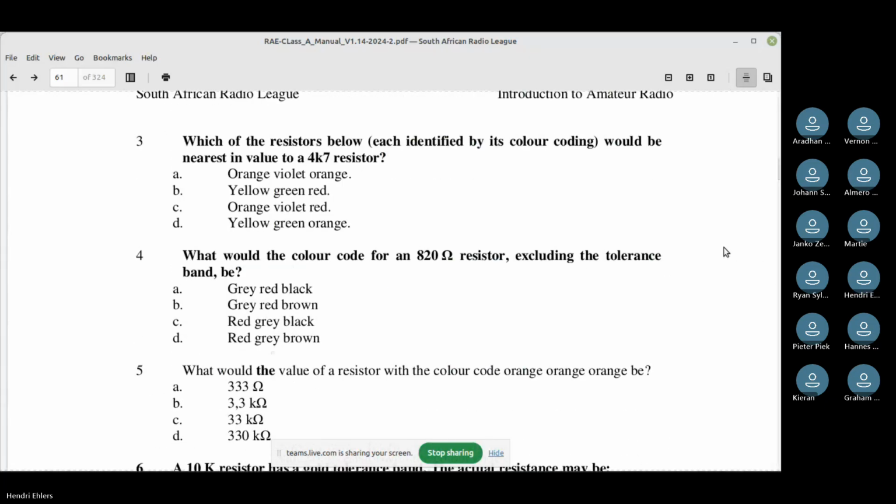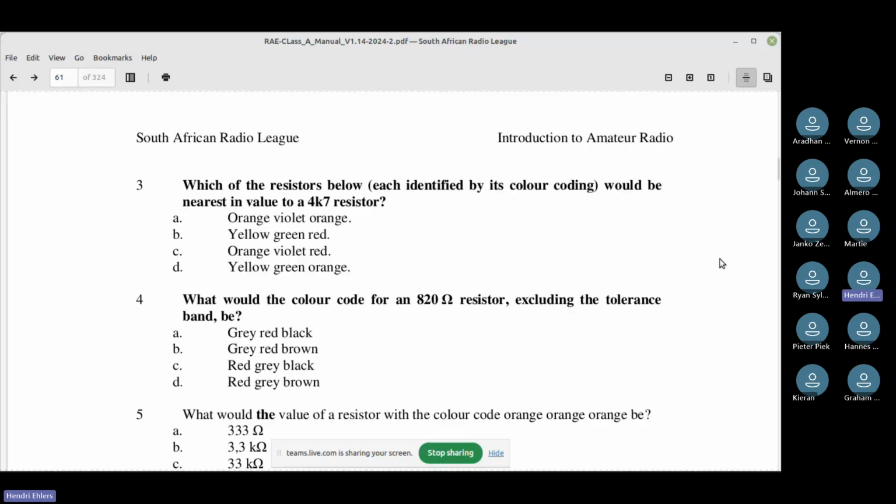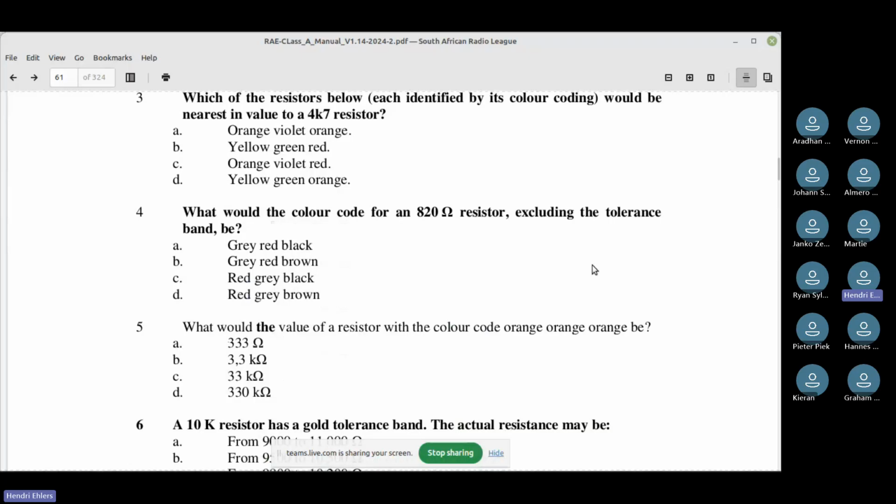Next. Which of the resistors below, each identified by its color code, would be nearest to the value of a 4K7 resistor? So we know 4 is what color? I can't remember. Let's see, yellow. It's yellow, huh? That's correct.